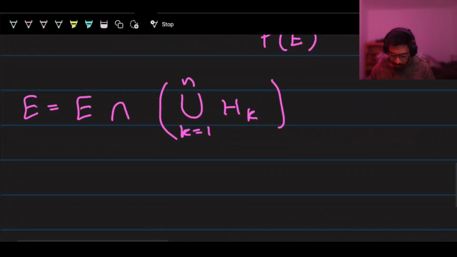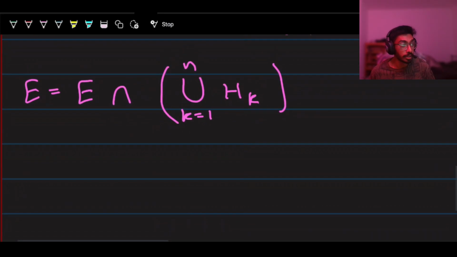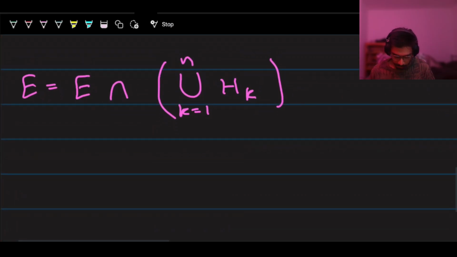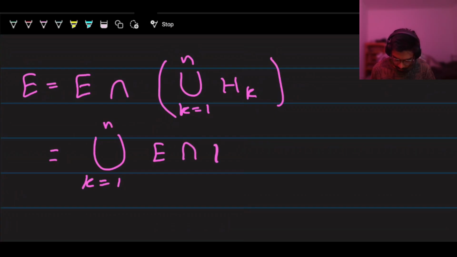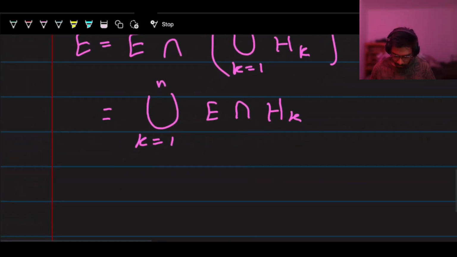And since these are mutually exclusive hypotheses and disjoint events, we can bring E inside and say that this equals the disjoint union of E intersected with our hypotheses.